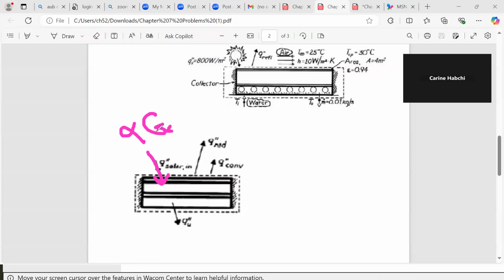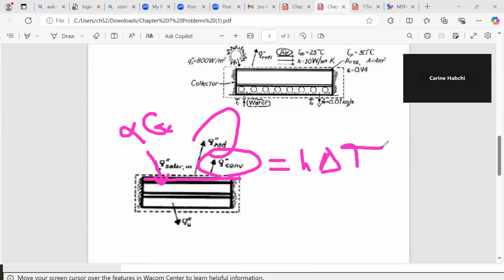Okay? Now, since the temperature of my glass cover is relatively high, it will lose heat to the surrounding by both convection and radiation. And we know already that what is the convective flux? H, if I do the analysis per meter square, it's H times delta T, which is, what is delta T here?